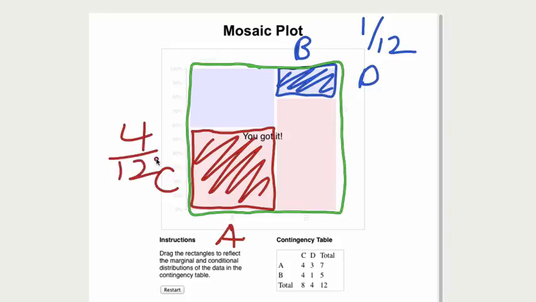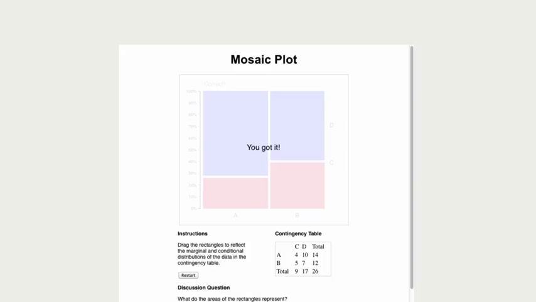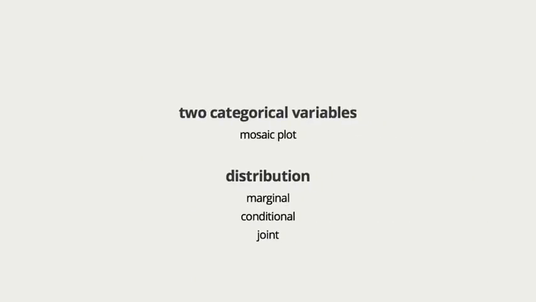That seems to make sense. Thus, the areas of the rectangles describe the distribution of the units jointly between 2 categorical variables, otherwise known as the joint distribution.